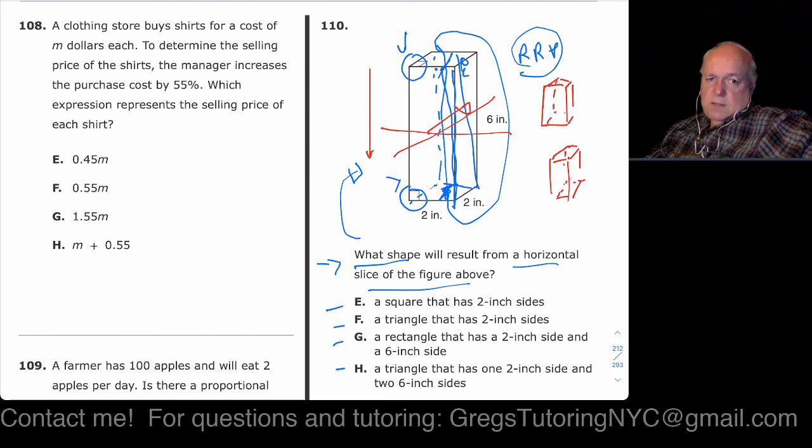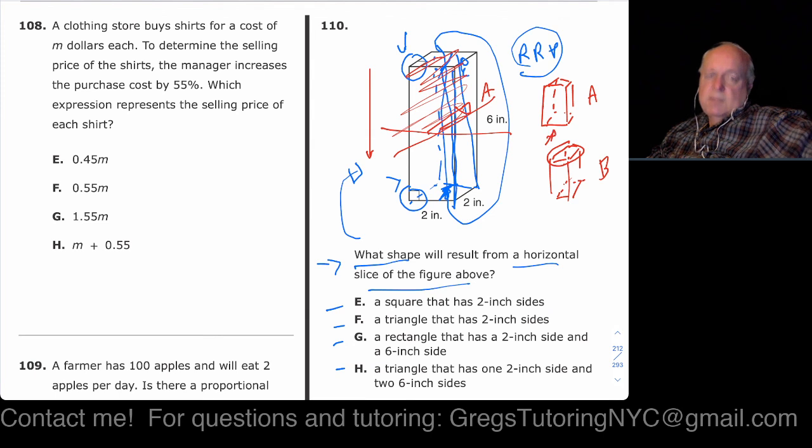So this part here I'm scribbling out, I'll call that A. This is A, and the part I didn't scribble out is B. So if I ran a horizontal slice through it, what would be the shape of the figure from above? Basically we're really looking at the top or the bottom here.